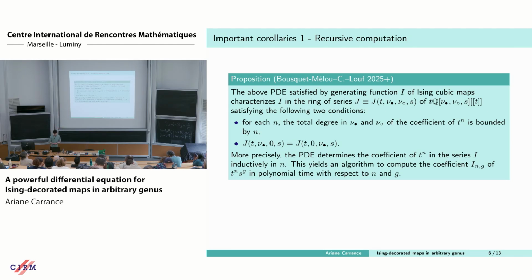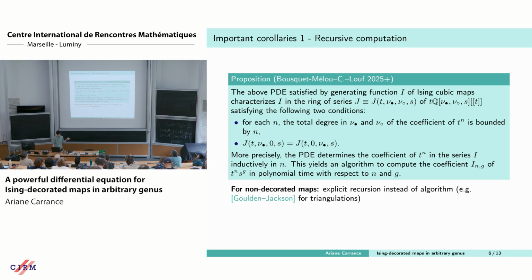I will get back to the details of this algorithm in the end if I'm not too slow right now. And an important thing to state is that this algorithm is polynomial in the size and genus of our maps.